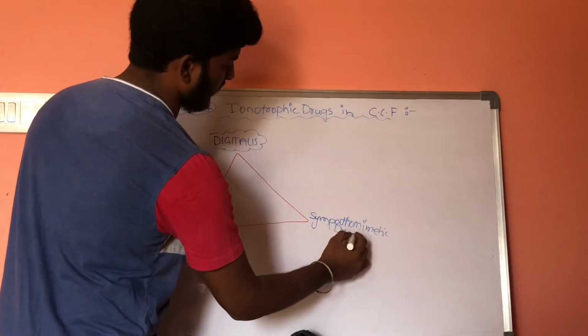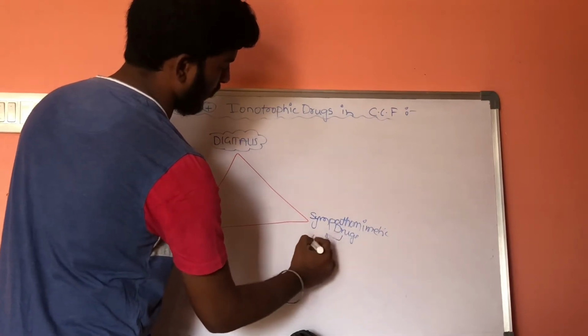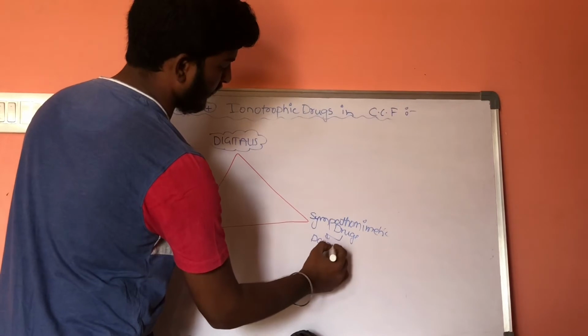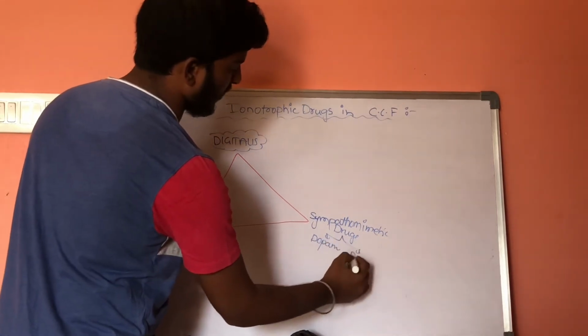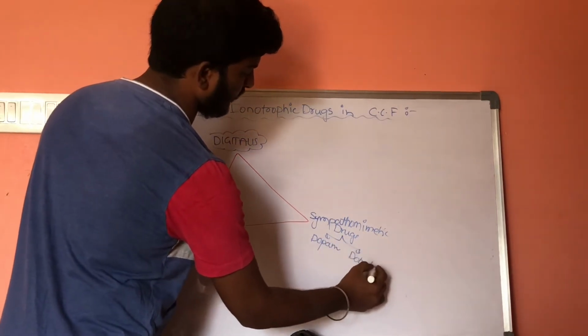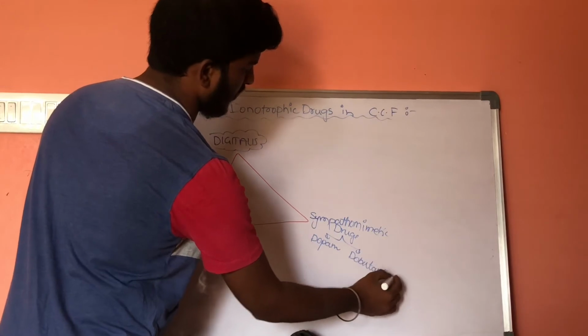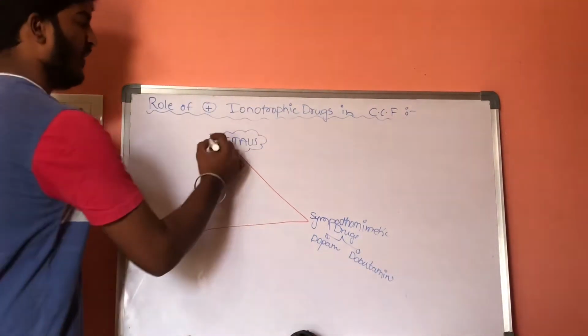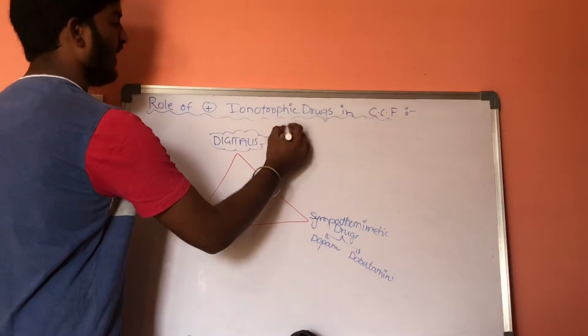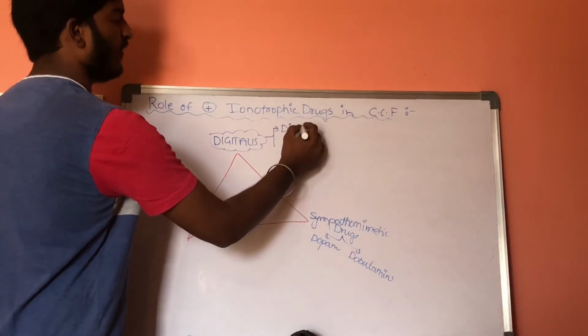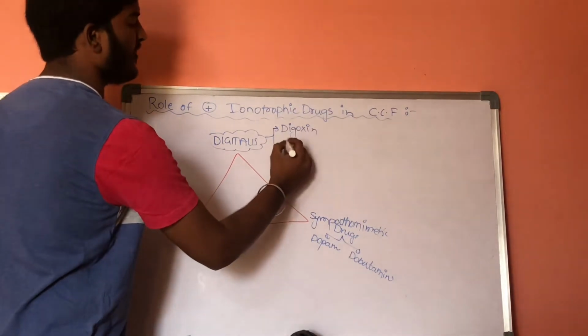Sympathomimetic drugs include dopamine and dobutamine. Digitalis includes digoxin and digitoxin.